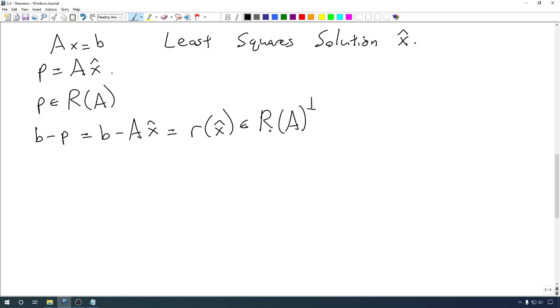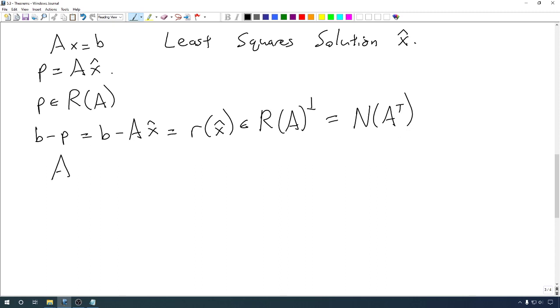But remember, in our last section, we showed that this is, in fact, the null space of A transpose. So really, what we're saying is that we want b minus p, or b minus A x hat, to be in the null space of A transpose.